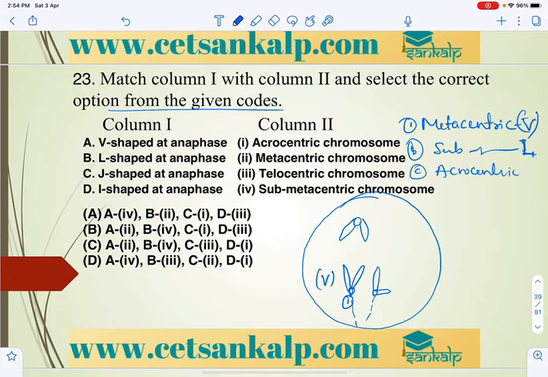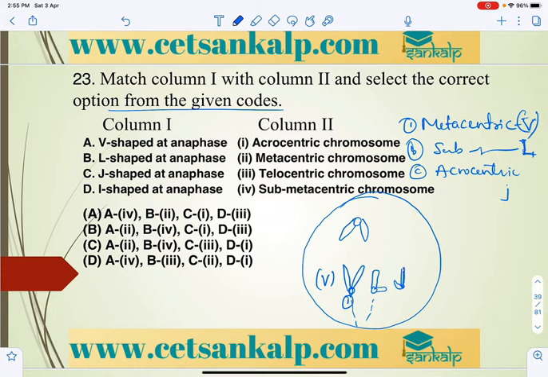So acrocentric means, here we can say that is a J shape, right, generally that is J shape. Here the L one is long and in J shape one is completely long, the other one is very short, completely short. So here this is an L shape, and in some it is J shape.